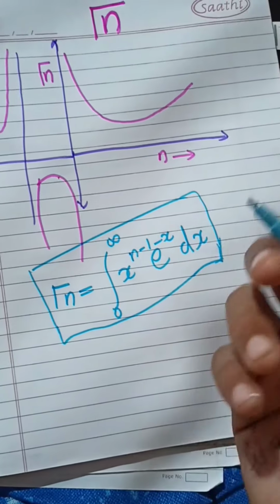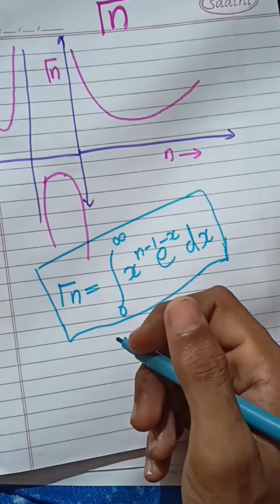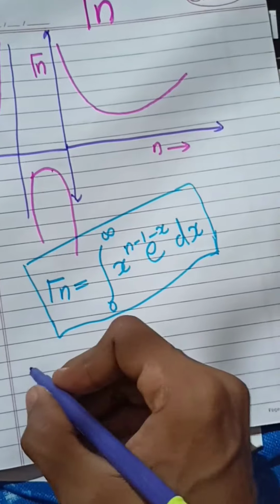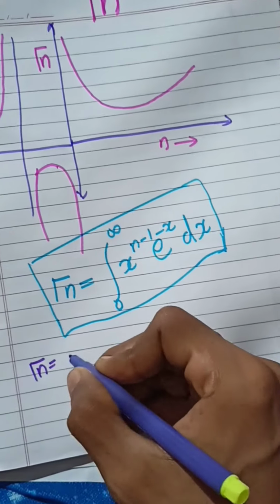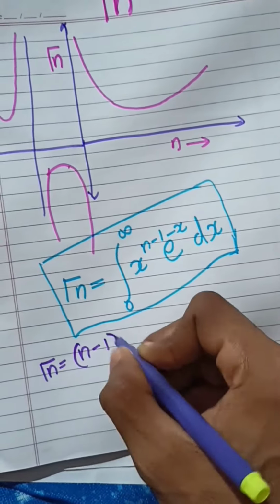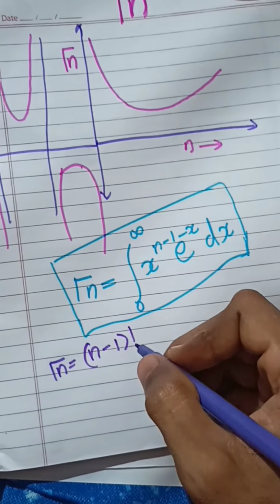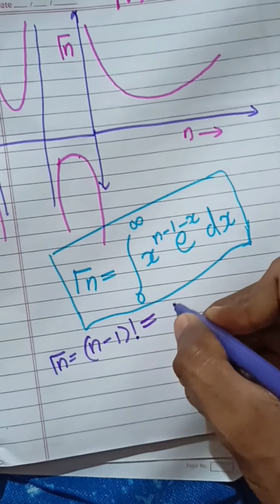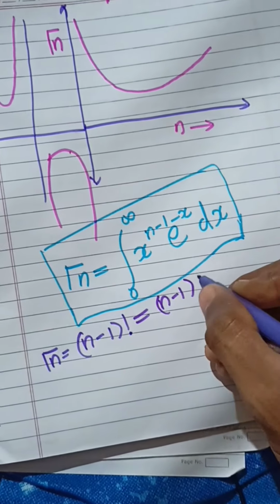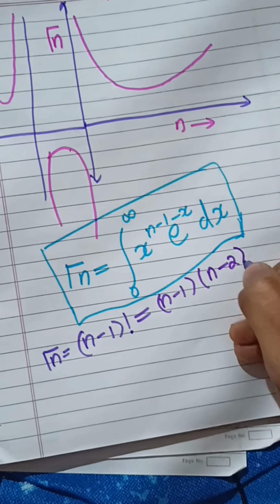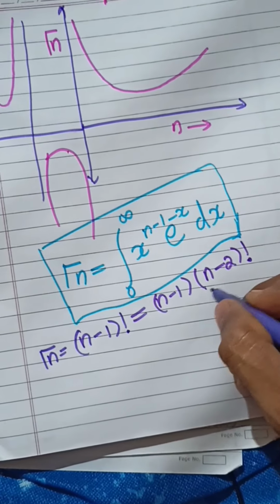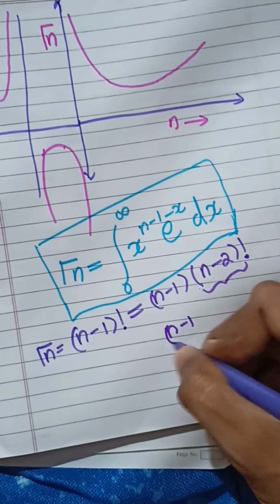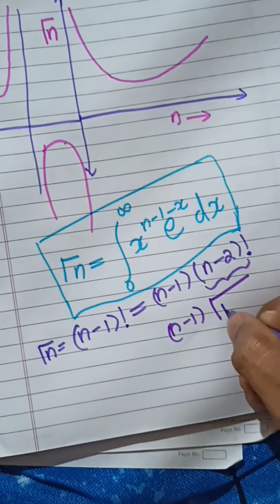There are also some other properties of gamma functions. We can write the gamma function Γ(n) as (n minus 1) factorial. And you know that (n minus 1) factorial is equal to (n minus 1) times (n minus 2) factorial, and this (n minus 2) factorial is actually Γ(n minus 1).